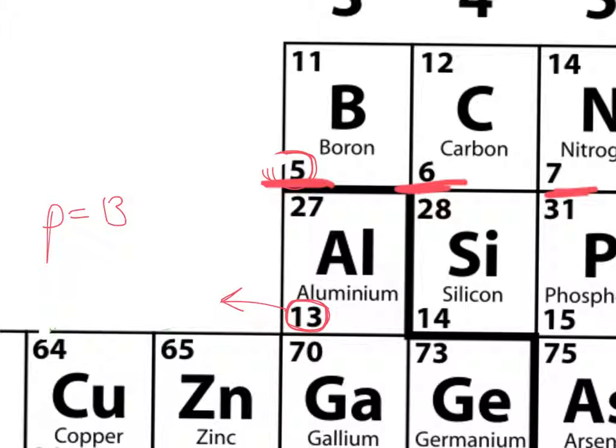And we have just learned that our number of electrons is equal to the number of protons, so that is 13 also. And then try to think, how do we work out our number of neutrons? Well, we said that our mass number is the total number of protons and neutrons, so the number of neutrons is going to be 27 minus 13 equals 14. So in an atom of aluminium, I have 13 protons, 13 electrons, and 14 neutrons.